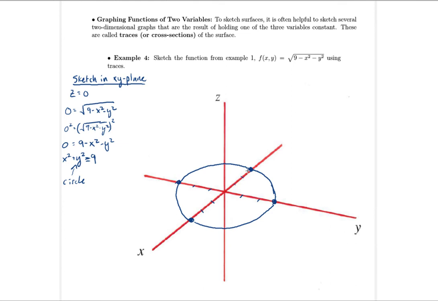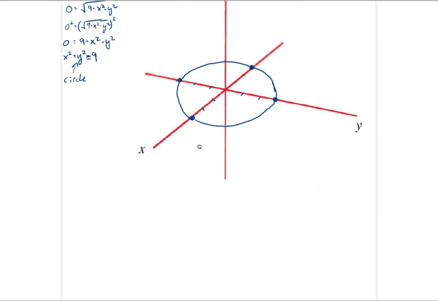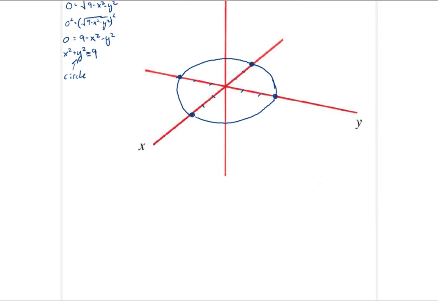Now we're going to sketch a different plane. Let's sketch the YZ plane. In the YZ plane, x equals 0. So that means we have z equals the square root of 9 minus 0 squared minus y squared. So z squared, if I square both sides, gives me 9 minus y squared.